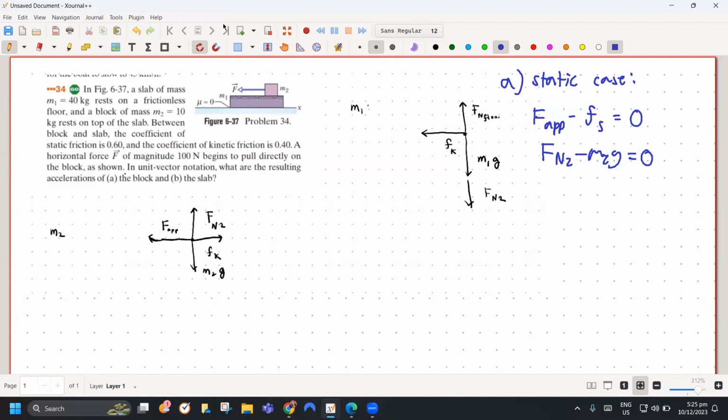Kung pareho sa acceleration, kung static friction case, M1 plus M2 times acceleration is equal to F applied. Analyzes the system. And then, yung normal force, Fn2 is equal to Fn floor.